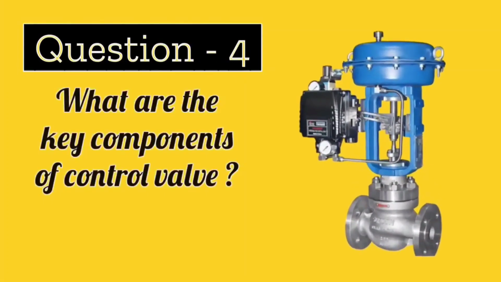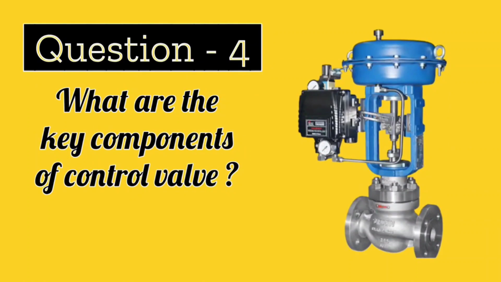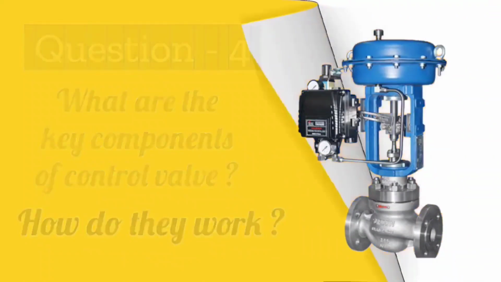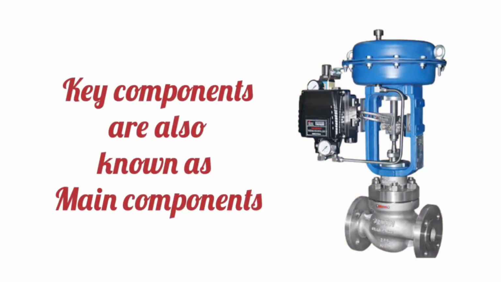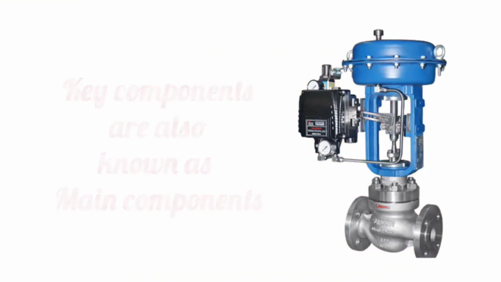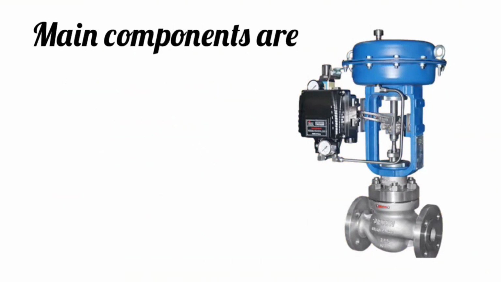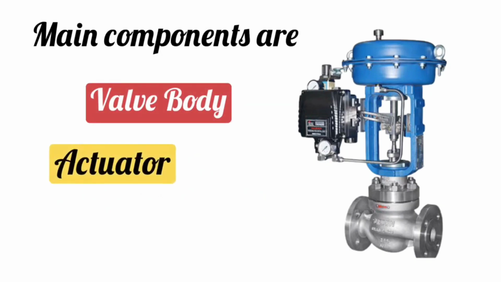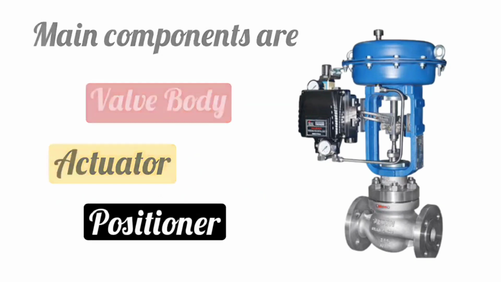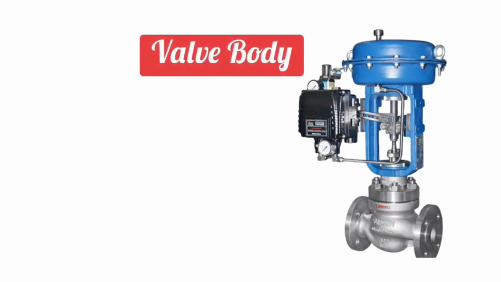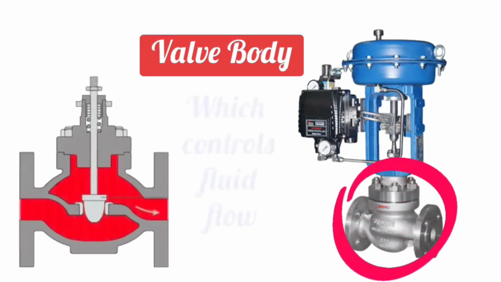Let's take the next question. What are the main or key components of a control valve? How do they work? Key components are known as main components. The main components of the control valve are the valve body, actuator, and positioner. The valve body is the main part, which controls the flow of fluid.